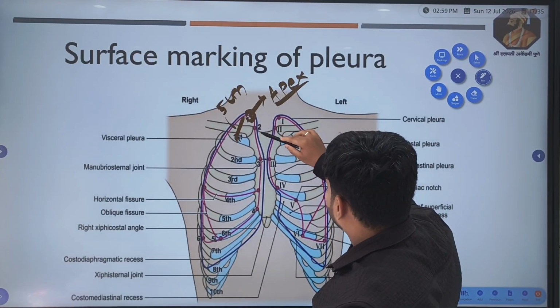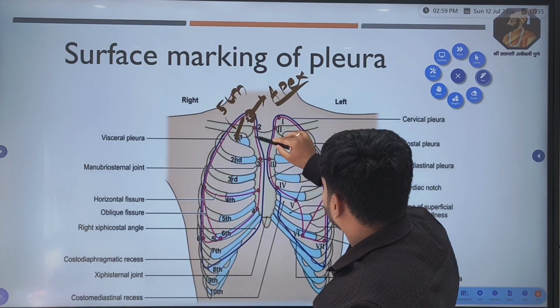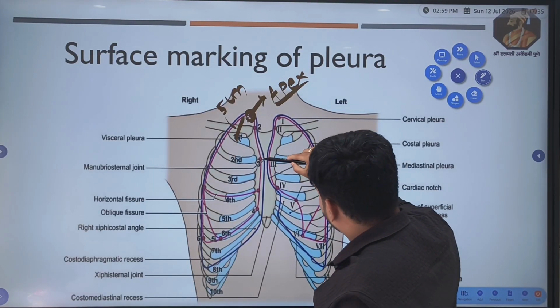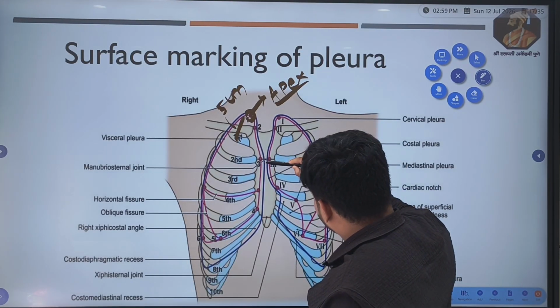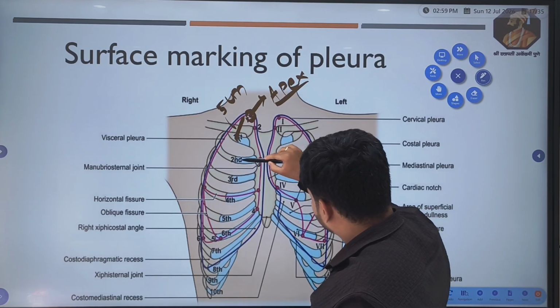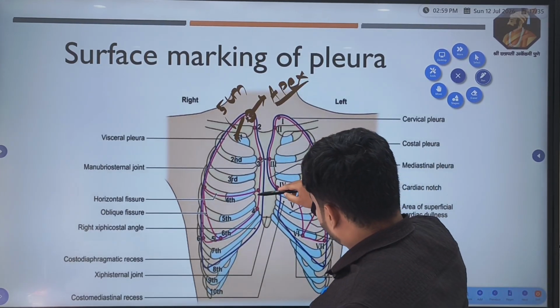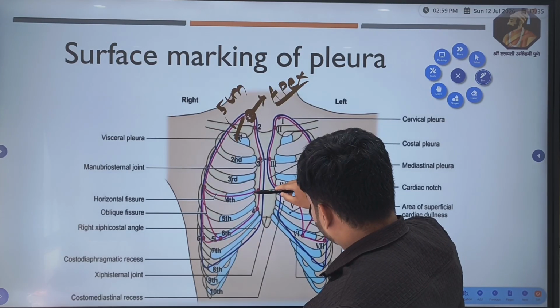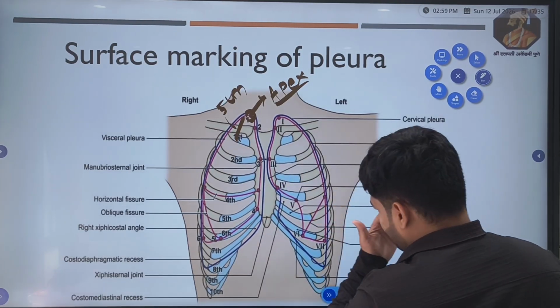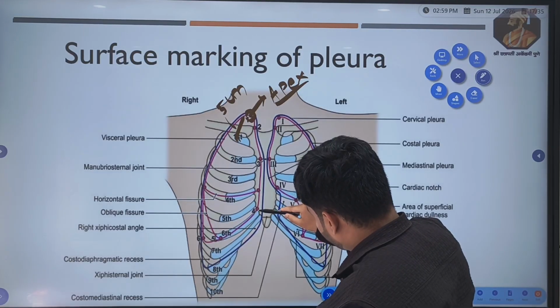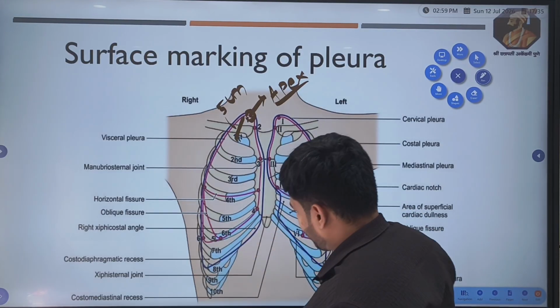The second point lies at the sternoclavicular joint. The third point lies near the sternal angle at the level of the second costal cartilage. The fourth point lies at the third costal cartilage, and it curves down.